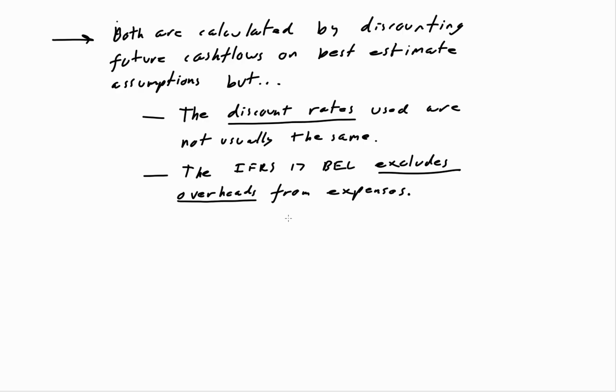So, open bracket, they are accounted for elsewhere. But you can imagine that if your overheads are significant, that's going to create a big difference between the IFRS 17 best estimate liability calculation and the Solvency 2 calculation.